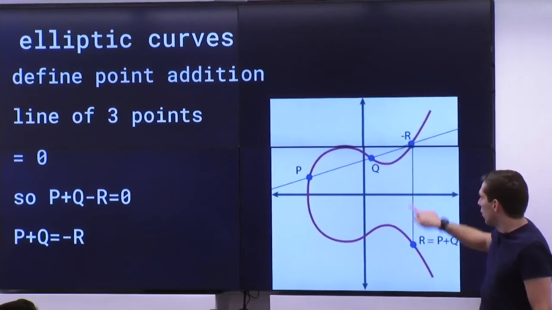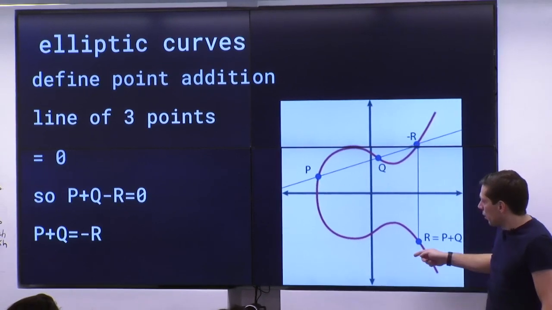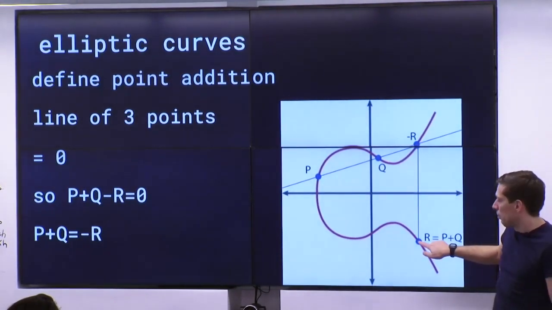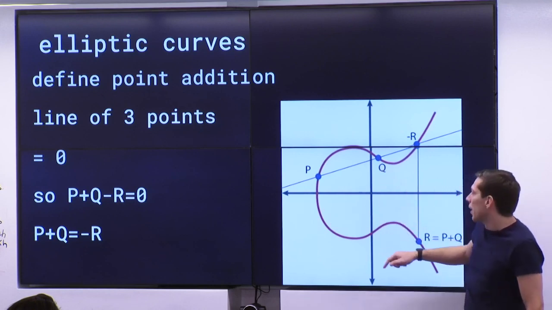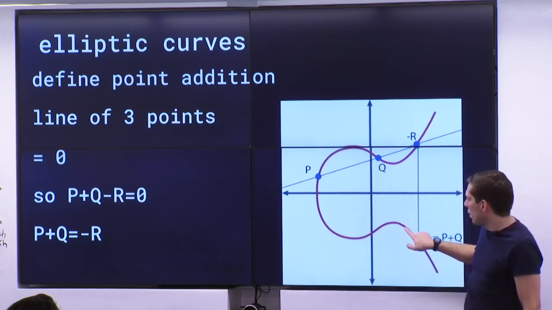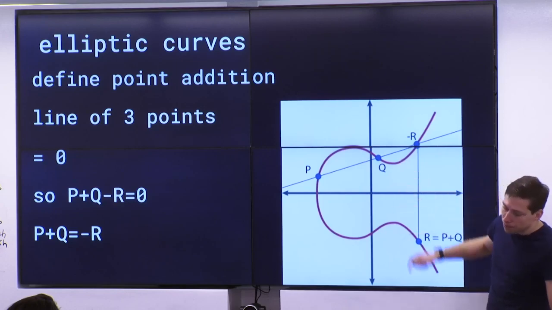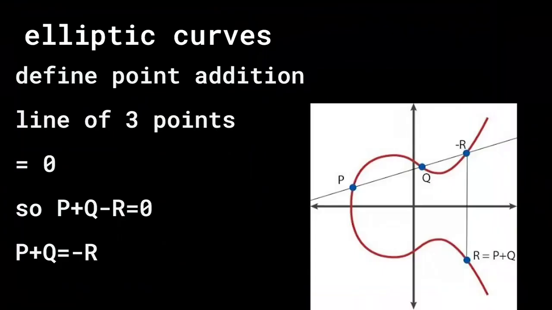So if this is negative R, we just go down to the bottom side, and this is positive R. Similarly, minus P would be here, minus Q would be here, and if you had a point Z here, negative Z would be up here. This is how it's constructed.